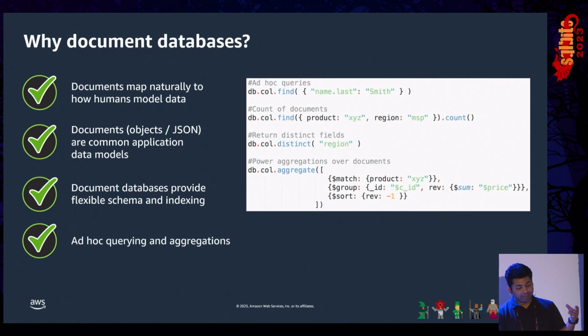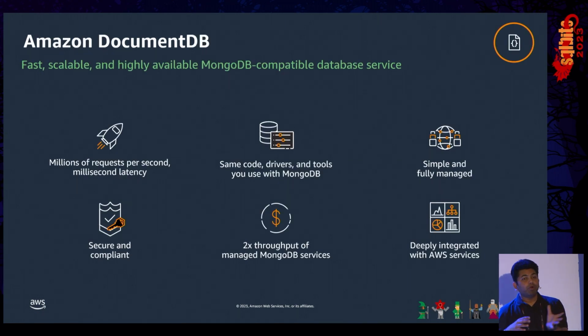You can have a flexible schema through which you can query your documents. And that is a managed service for you, because if you are running, let's say, MongoDB clusters, and for those who are MongoDB DBAs, I can empathize with you because it's painful to manage a self-managed cluster. So you get the best of both worlds.